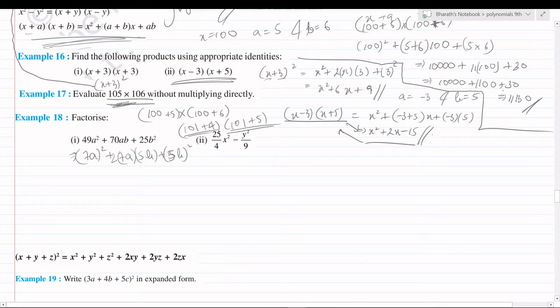See, this is in the form of a square plus 2ab plus b square. We have to just find a plus b whole square.